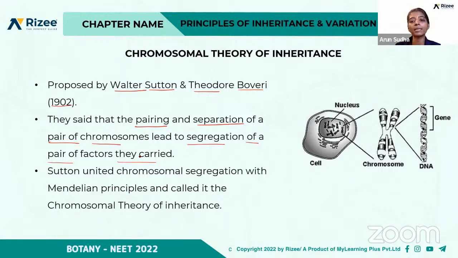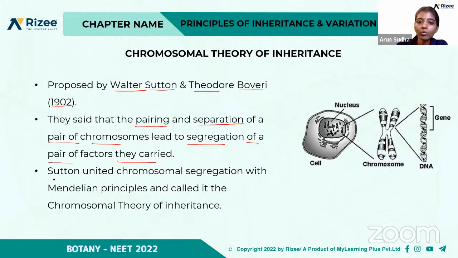So here what they said: pairing and separation of a pair of chromosomes occurs. So they discovered about the chromosomes, right? And also they studied the meiotic division. So they said that separation of a pair of chromosomes leads to the segregation of the pair of factors, that is the genes, right?